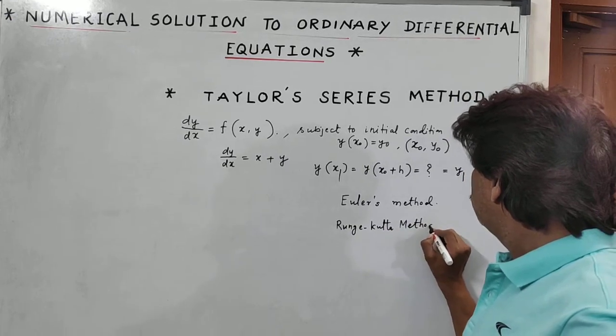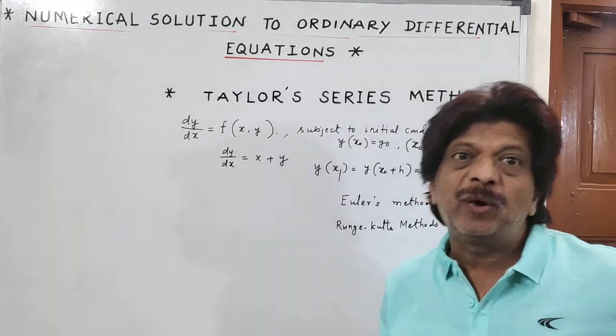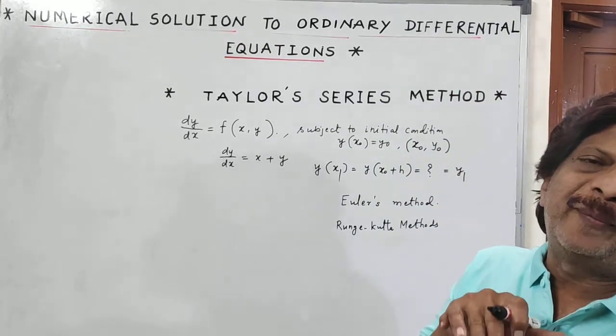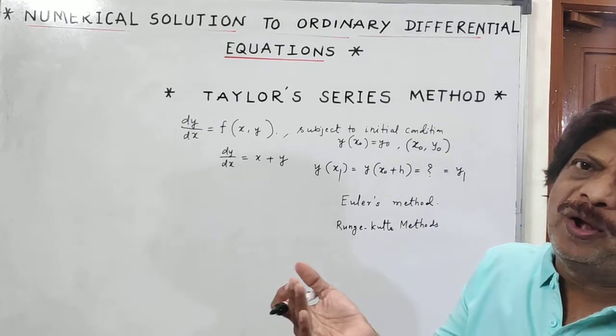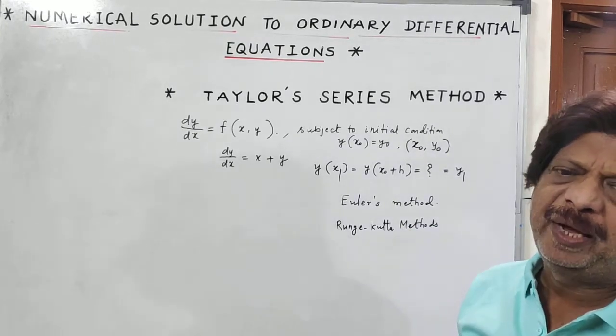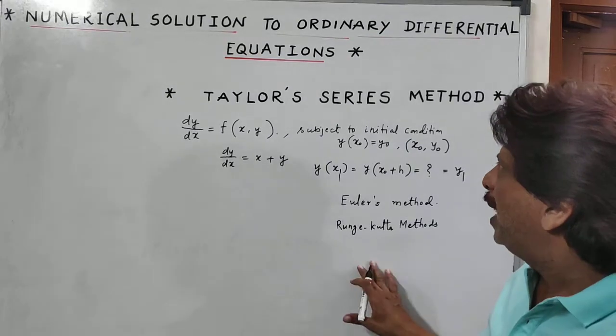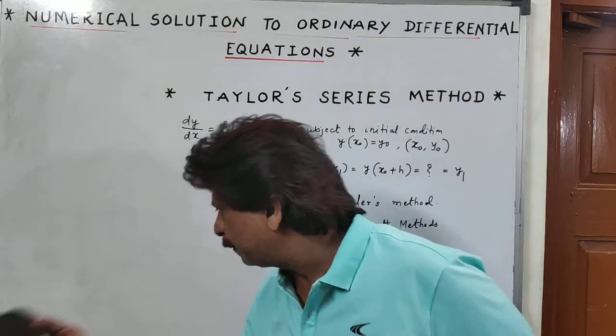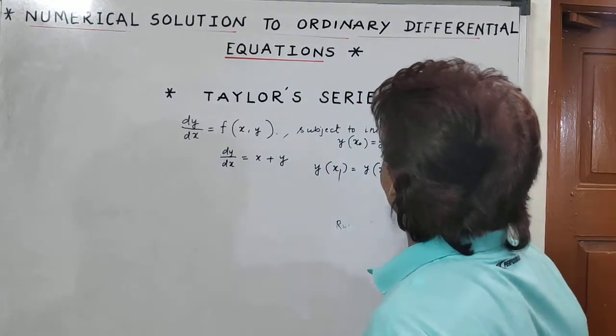In the Runge-Kutta methods, we are going to study two different methods: the Runge-Kutta method of second order and the Runge-Kutta method of the fourth order. So at the outset, we shall study the Taylor series method.